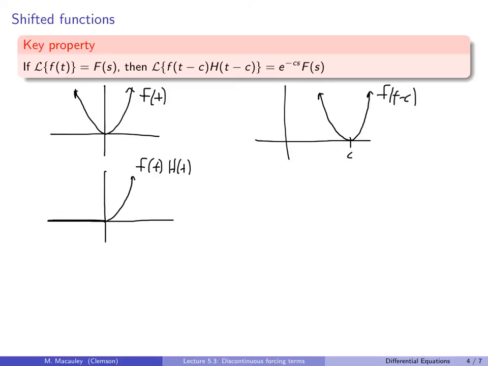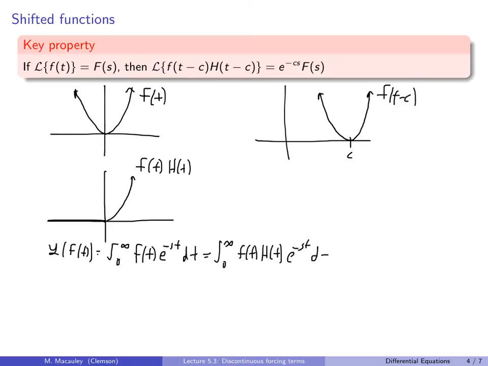And now why am I doing this? Notice that the Laplace transform of f of t is the integral from 0 to infinity of f of t times e to the minus st dt. Now that's the same thing as, you can't stop me from writing, f of t h of t e to the minus st dt.